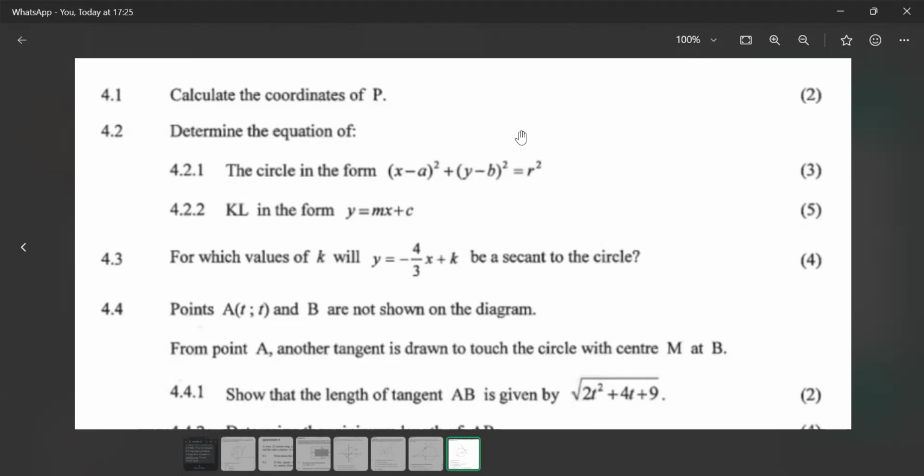And if you look at this straight line, it has exactly the same gradient as the tangent. Do you see that? So we are looking for the values of the y-intercept such that a straight line that has the same gradient as the tangent will be a secant to the circle. And of course, by a secant, we understand that it's a straight line that cuts the circle at 2 different points.